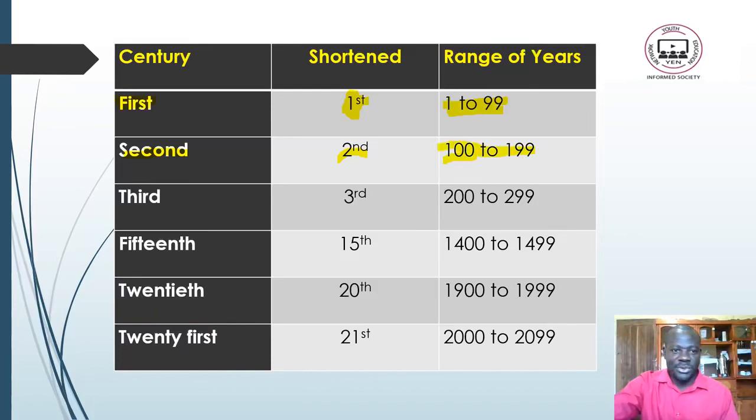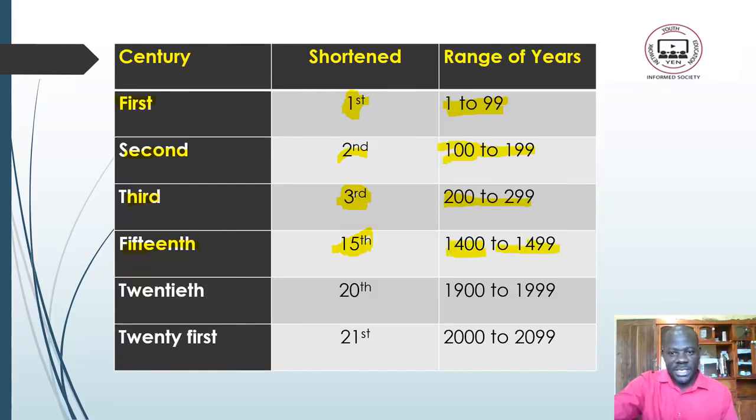The third century is abbreviated as 3 with RD, made up of the years 200 to 299. What about the 15th century? It is abbreviated like this, and the years are 1400 to 1499.